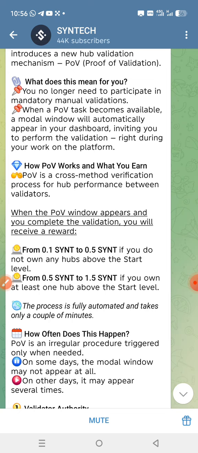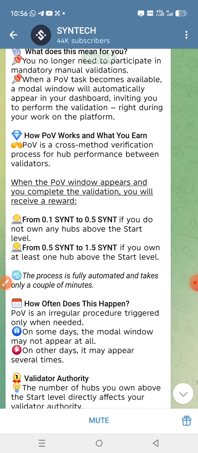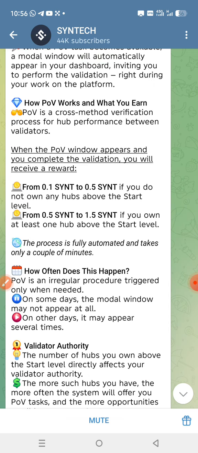And the other person also does it. What it means is he has verified himself and he has verified another person. So it's a cross-method kind of thing. Now, when the POV video appears and you complete the validation, you will receive a reward. So it's not just you doing it without receiving anything.